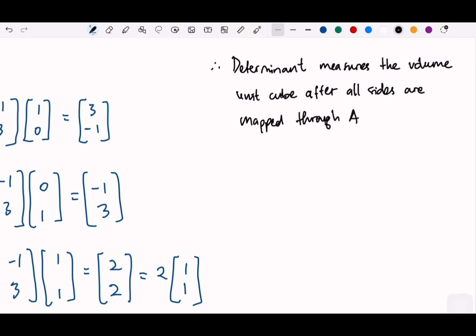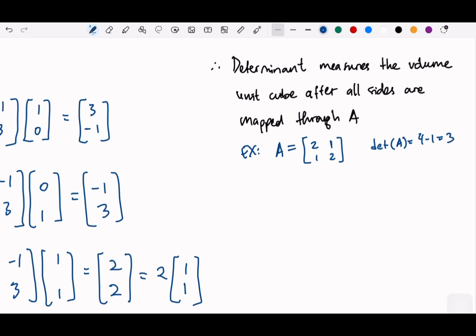Let's say we have an example. Let's just take 2 by 2, easy to draw. Let's say we have the simple matrix 2, 1, 1, 2. Let's say it's matrix A. And of course, if we take the determinant, this will be 4 minus 1, it's 3, right?